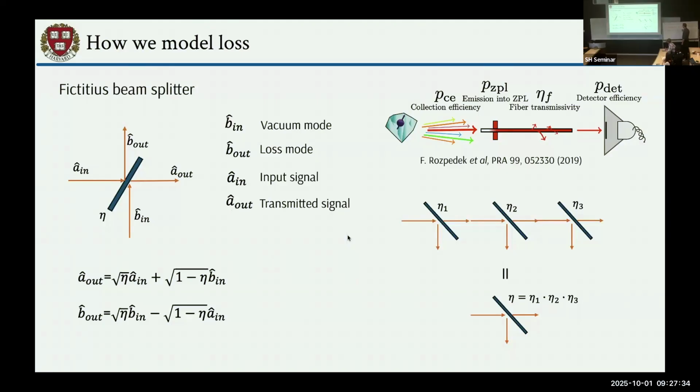And another amplitude, with the remaining probability, I'm going to lose it. So that's basically what this beam splitter does. And this is more or less all you need to know for you to tell me what happens to these terms here. Sorry, I'm going to erase this now.